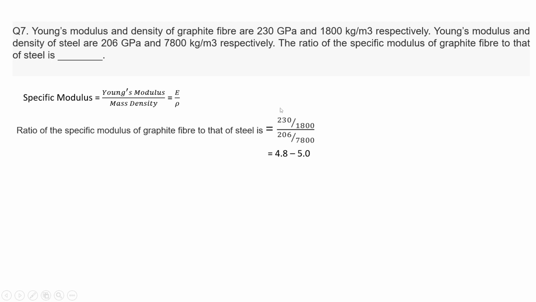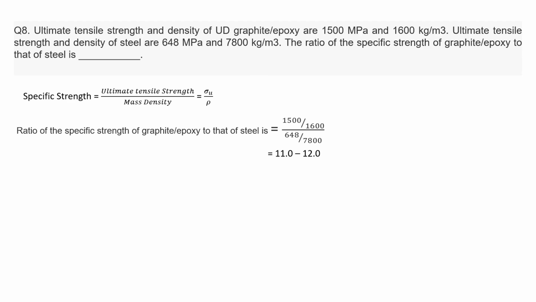So this is the specific modulus of graphite and this is the specific modulus of steel. When we divide, the value will come between 4.8 and 5. From this you can see how much better the specific modulus of the reinforcement is than that of metals. The next question is the same, but here we are using the ultimate tensile strength.